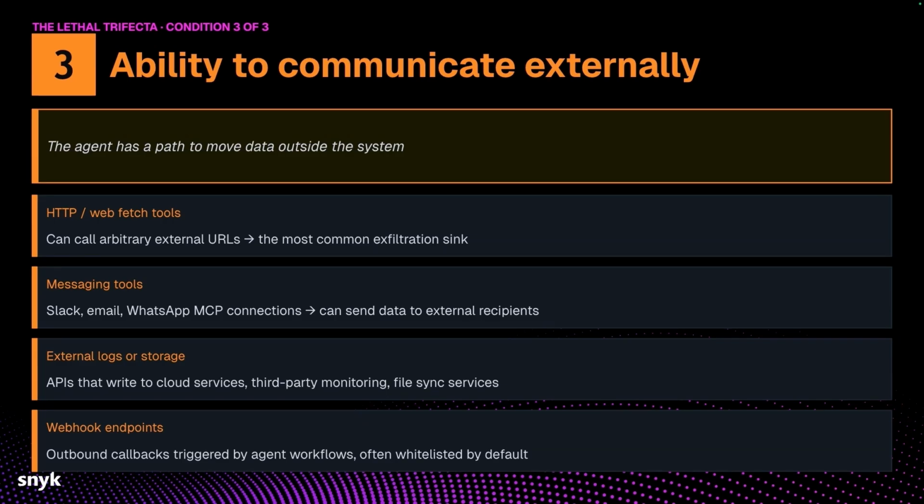So this is the most common exfiltration sink methodology. Messaging tools, Slack, email, WhatsApp, all of these connections can also be leveraged to send to external recipients. External logs or storage, but also webhook endpoints. So all of these are their ability to communicate externally and to bring this data outside the system.